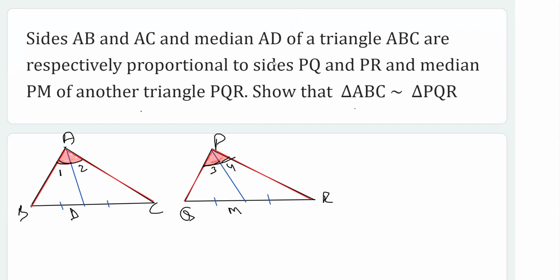Now for that, we need some construction here. The construction involved is that we are going to produce this ray. We are going to produce AD to point E, and PM to point, say, N, so that this is equal to this and this is equal to this.